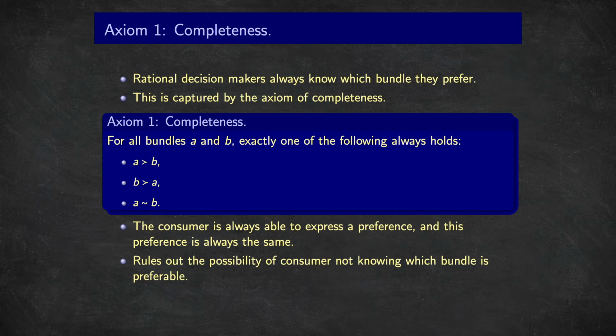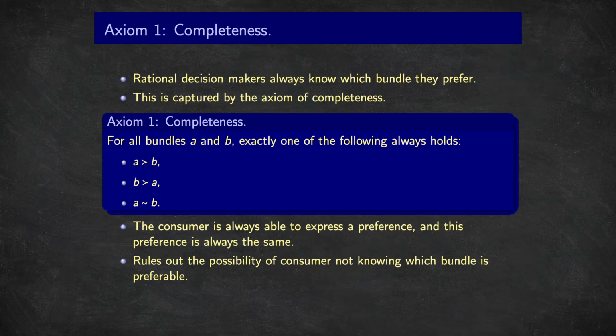So if, for instance, the consumer strictly prefers A to B, then the axiom of completeness is also ruling out that he strictly prefers B to A or that he is indifferent. So exactly one of these is true.